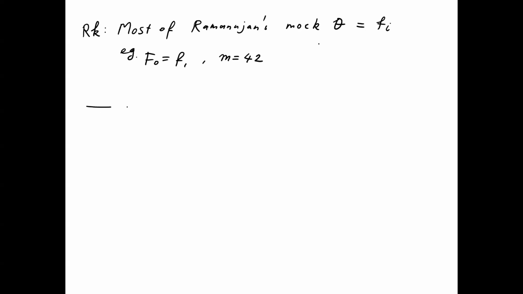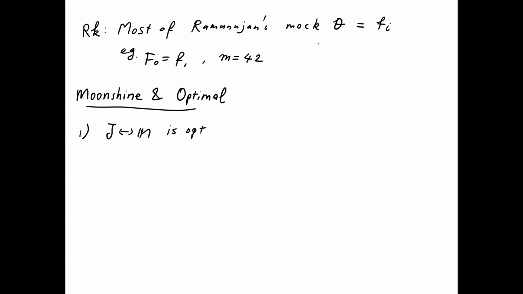And the second property is the relation to Moonshine that we have also heard about in this conference. Namely, we have seen that J, the monstrous Moonshine function, is optimal.